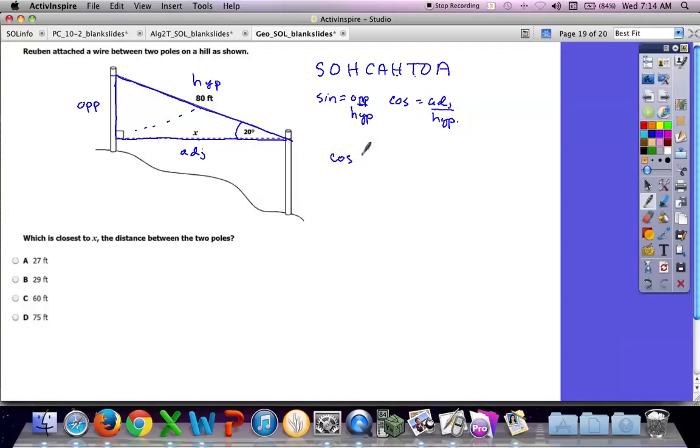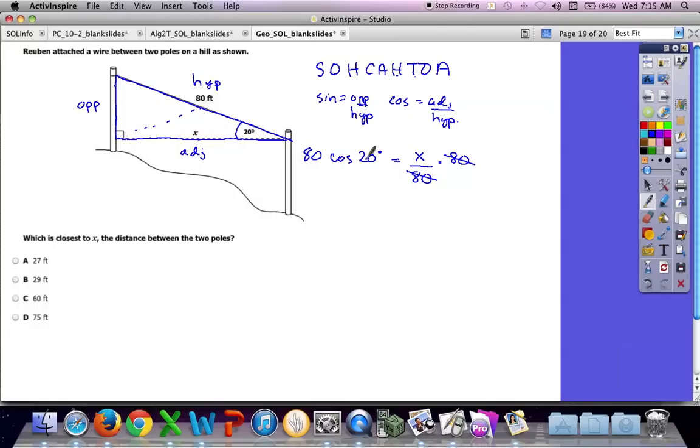The cosine of an angle, 20 degrees, equals the adjacent side, which is x, divided by the hypotenuse, which is 80. Solve for x. Well, this x is being divided by 80, so in order to solve for it, we need to multiply both sides by 80. That cancels the 80, and we know x equals 80 cosine 20.